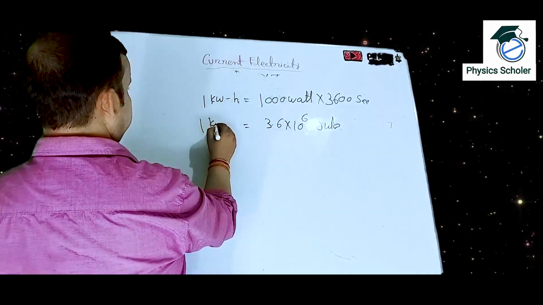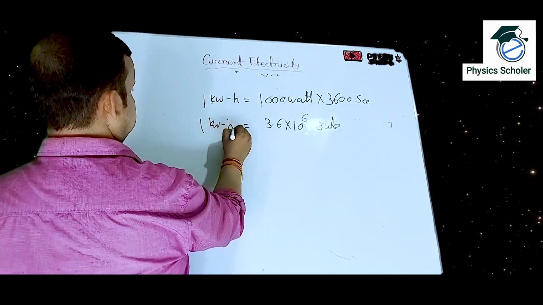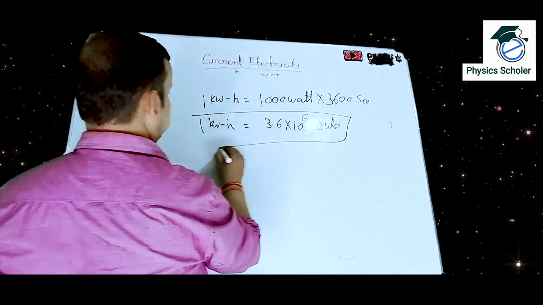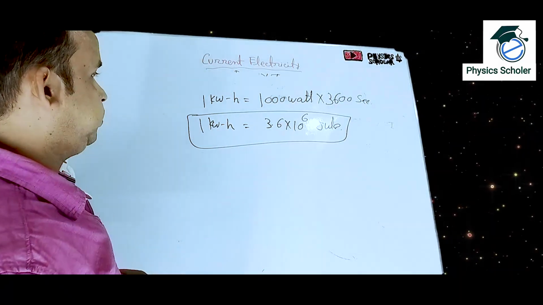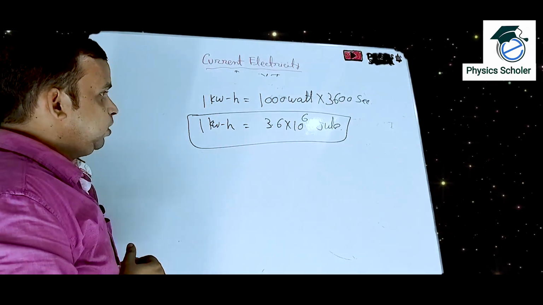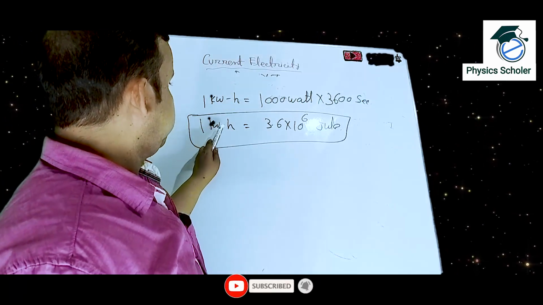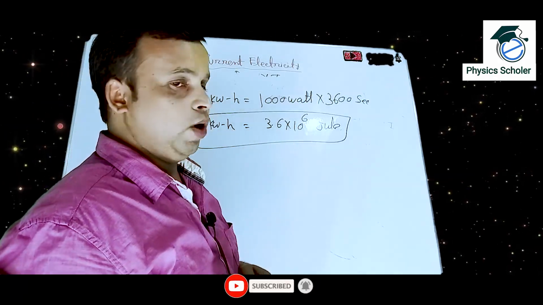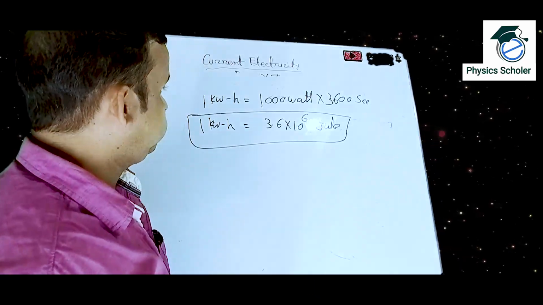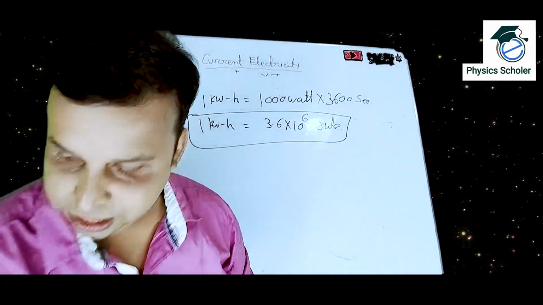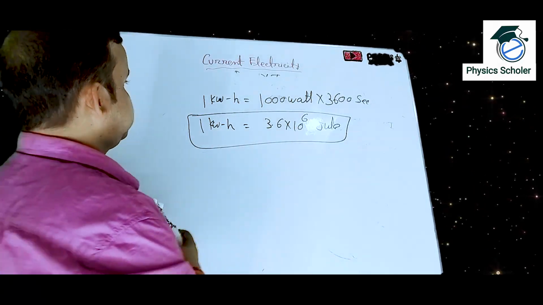So 1 kilowatt hour is equal to 3.6 into 10 to the power 6 joule. That is the relationship between kilowatt hour and joule. Clear?